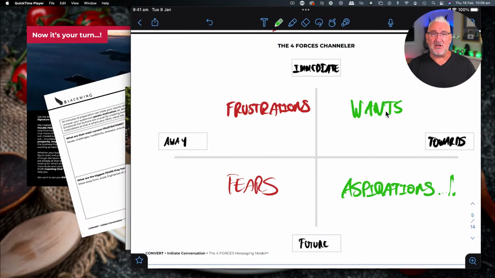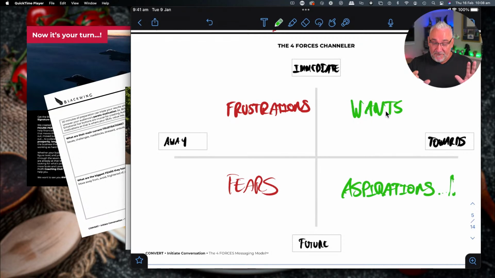So at the top are immediate things: frustrations right now that they want to move away from, and wants that they want to move towards. And they've got their fears that they want to move away from in the future, and the aspirations that they want to move towards in the future. So the things that your prospects want to move away from and avoid in the future are their fears, and their aspirations are the things that they want to move towards.